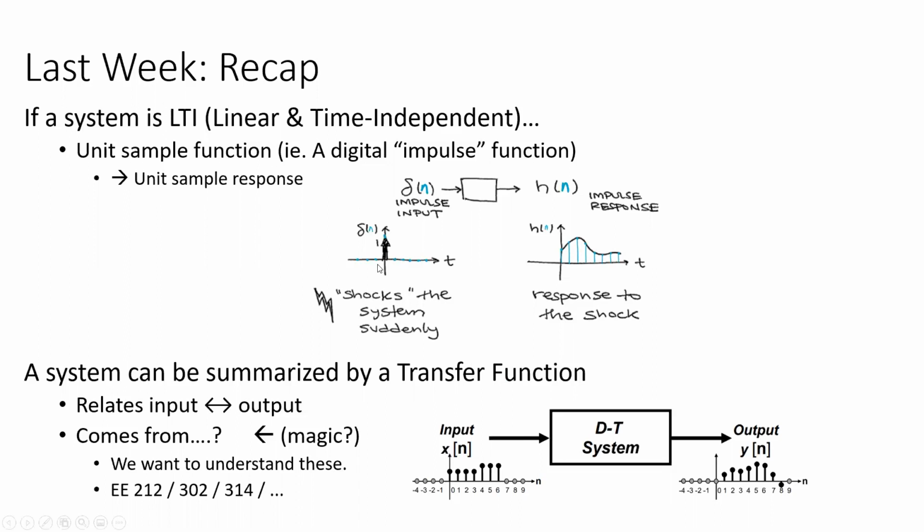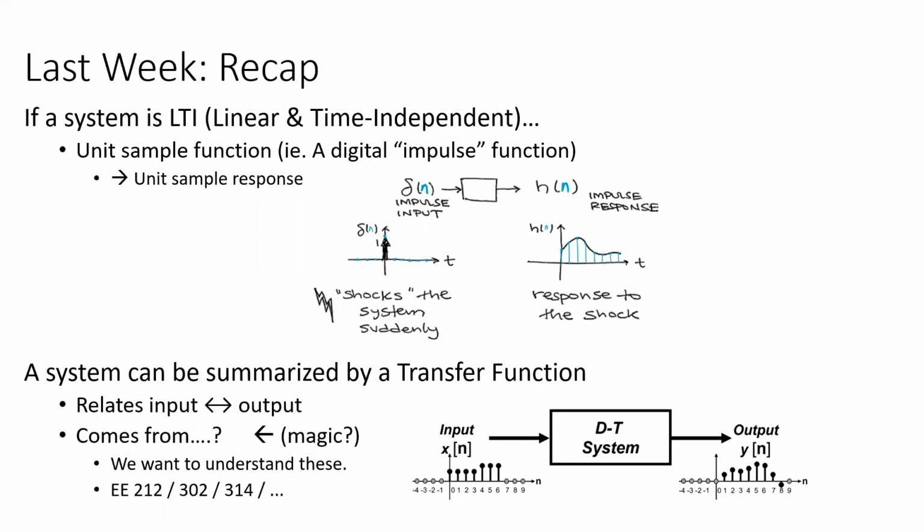It's just a 1 at index 0 and zeros everywhere else. When you put that into the system, you get out h of n, the unit sample response, the impulse response. That's the response to the shock that is the impulse input.